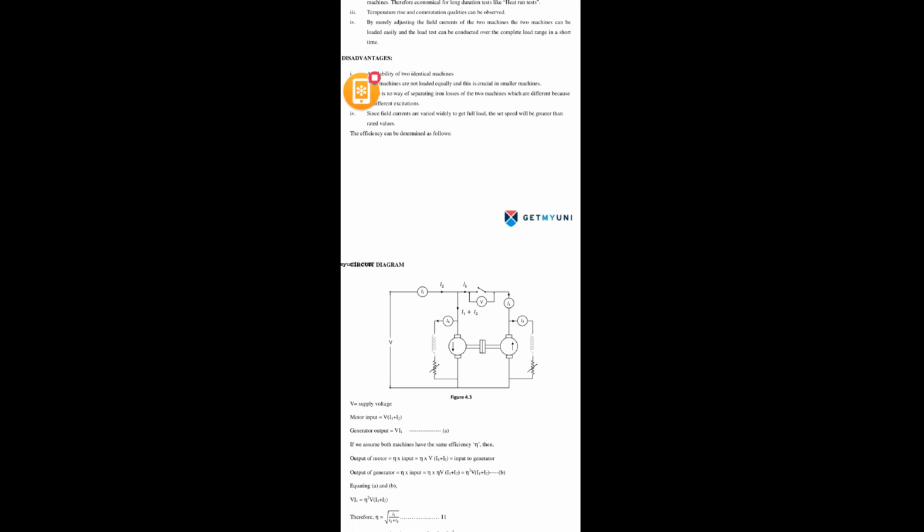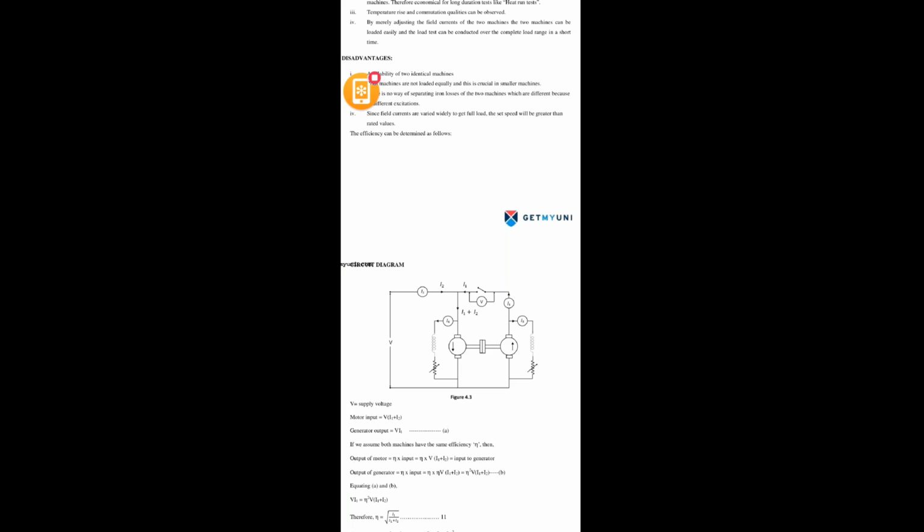Now, what is the main intention of the Hopkinson test? When running as a motor generator set, what losses happen in that combination? Suppose we give 100 volts to the motor as electrical energy input. The motor gives mechanical energy based on the supply voltage, and the same mechanical energy is supplied to the generator.